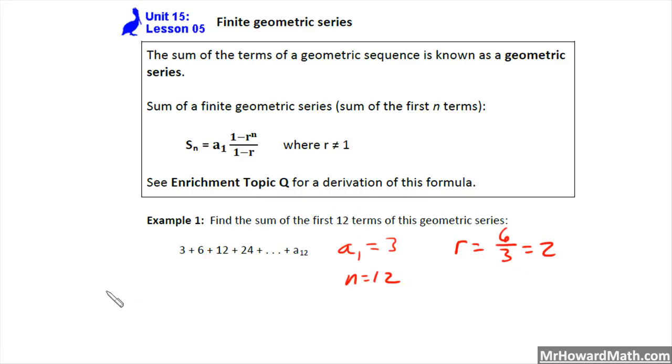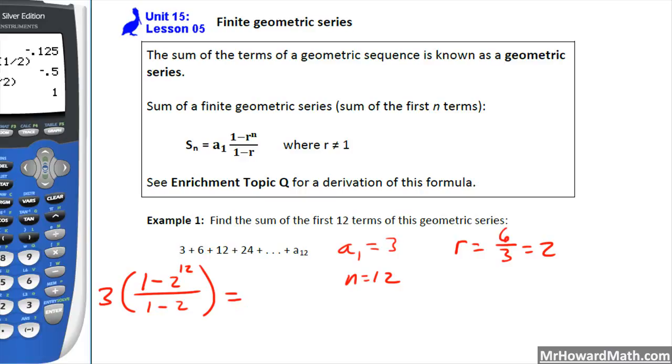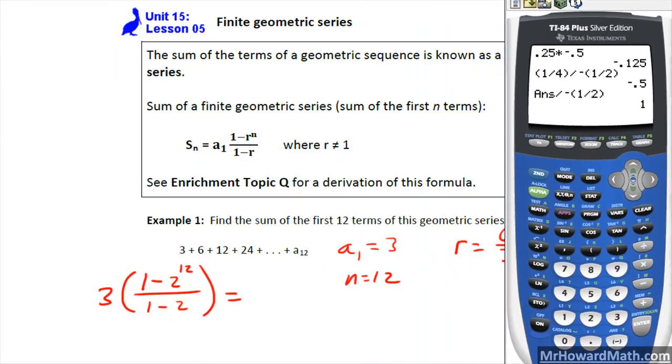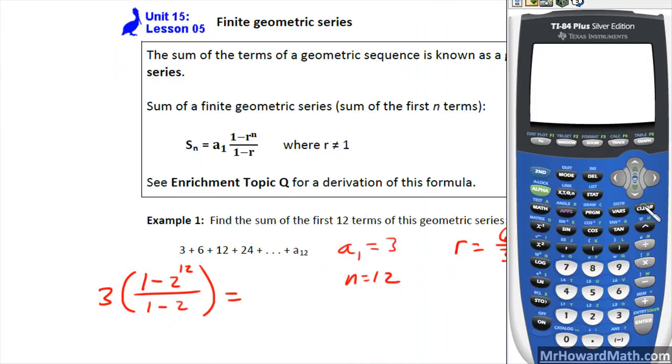So we just plug that into the formula, and we get a sub 1, 3 times the quantity 1 minus 2 to the 12th, all over 1 minus the r value of 2. At this point, we put that in our calculator so we can see it, and we'll get our answer.